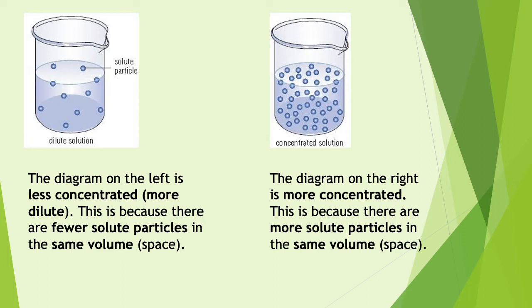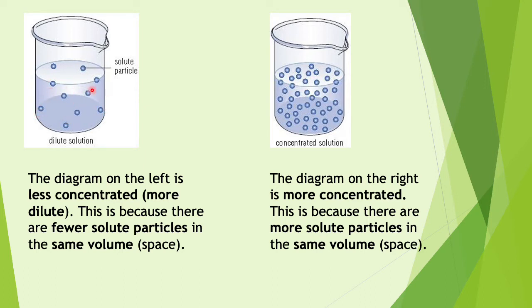Okay, let's run through some answers to this. This diagram on the left-hand side here is like the first glass of squash on the previous slide, whereas this diagram on the right-hand side is like the last glass of squash. Hopefully what you can see, the difference between these two diagrams, is that here this is a dilute solution because you haven't got many solute particles.